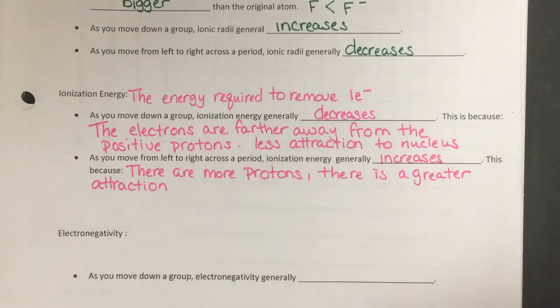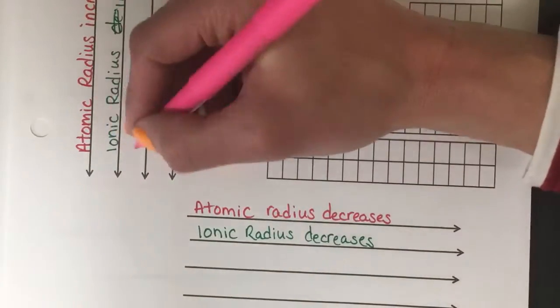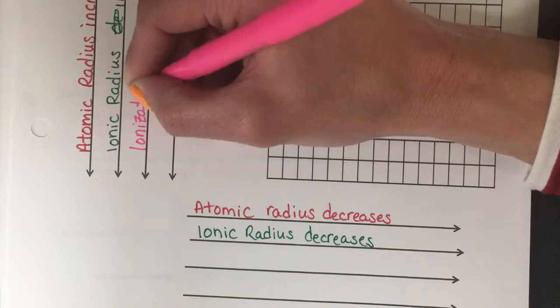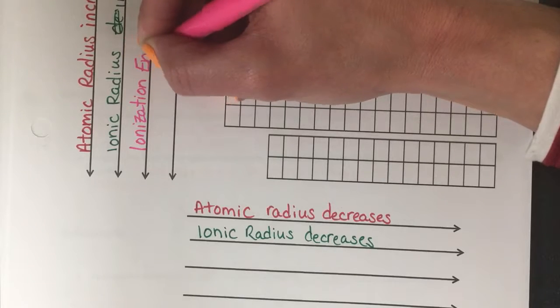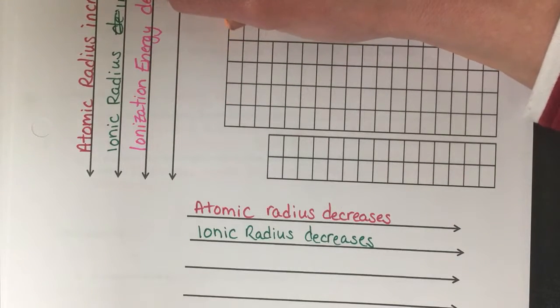So let's go ahead and add that to our periodic table. I know as I move down a group, ionization energy is going to decrease.